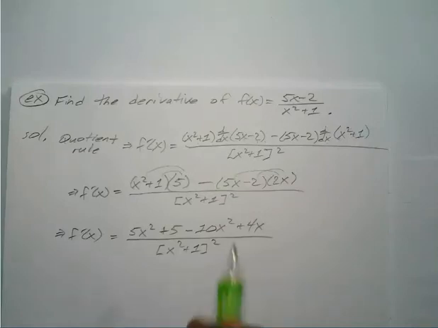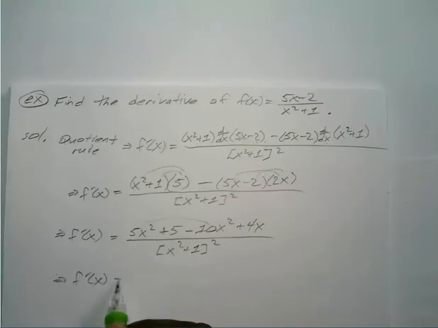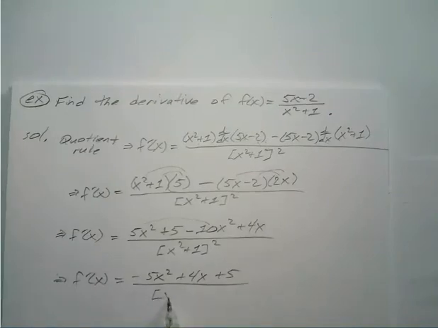Okay, so really we can combine these two. F prime of x will equal negative 5x squared plus 4x plus 5 all over x squared plus 1 squared.